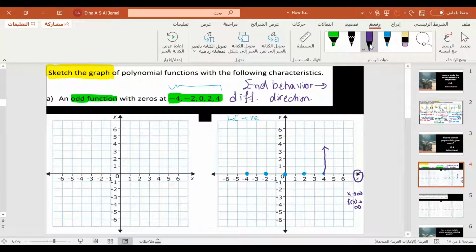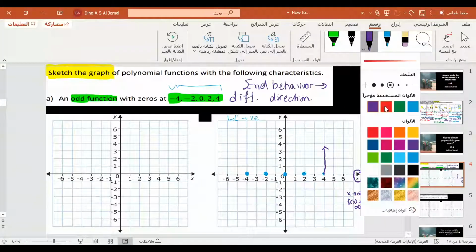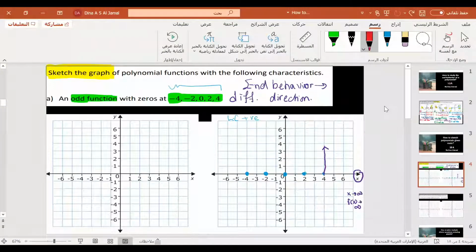Then I will continue my graph with another color. Now the graph will continue. It will go down until it touches 2. It will cut the x-intercept and change the behavior.